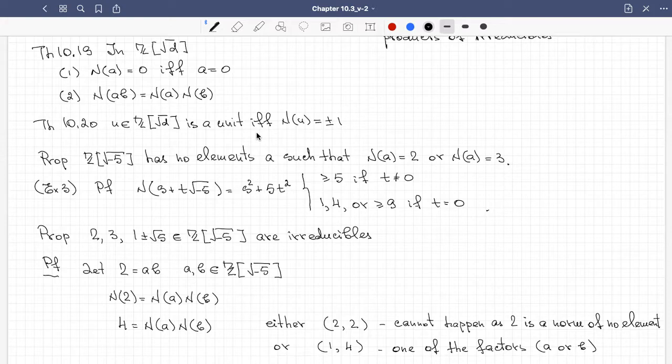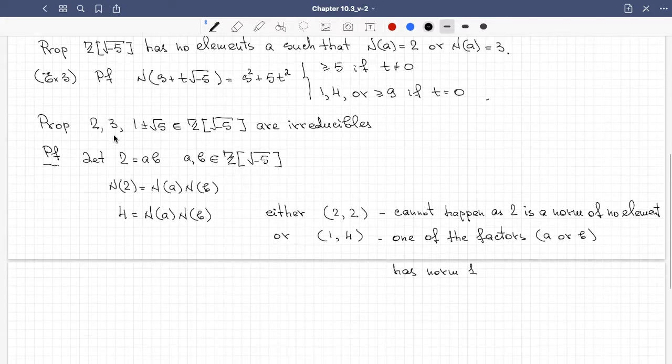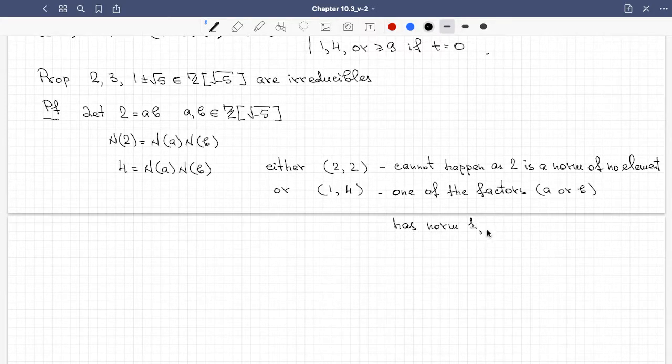This is if and only if. So if norm is 1, then U is a unit. Thus a unit. So in any factorization of 2 into a product of two factors, one of them must be a unit, which means 2 is irreducible.